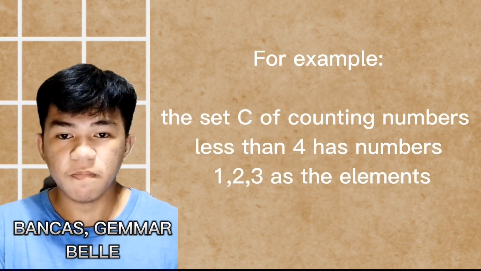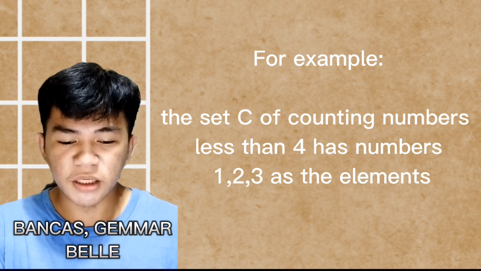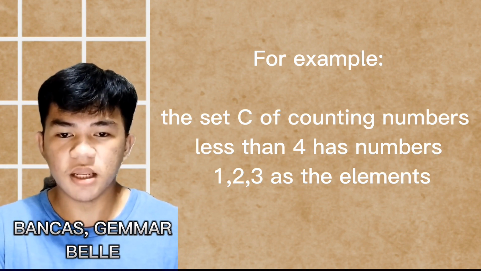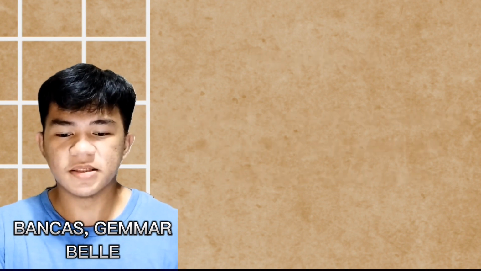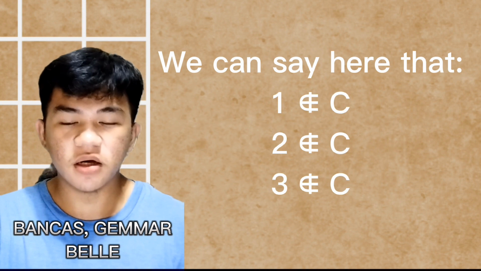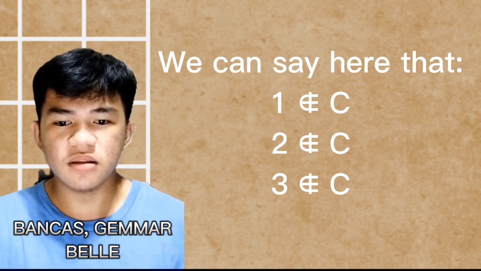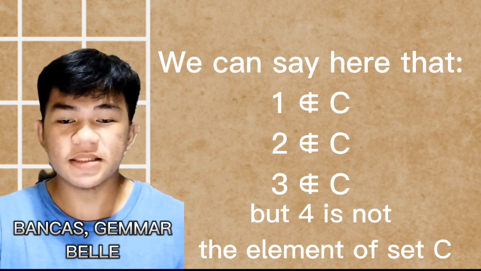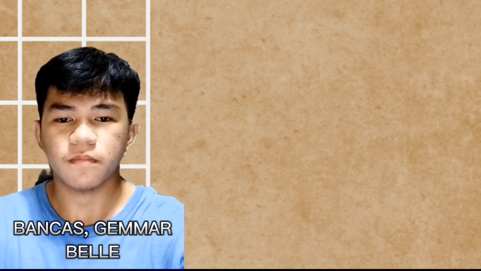For example, the set C of counting numbers less than 4 has the numbers 1, 2, 3 as its elements. We can say here that 1 is an element of C, same for 2 and 3, but 4 is not an element of C because it says less than 4.